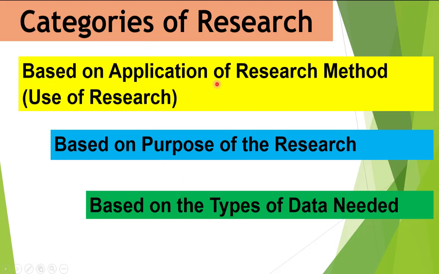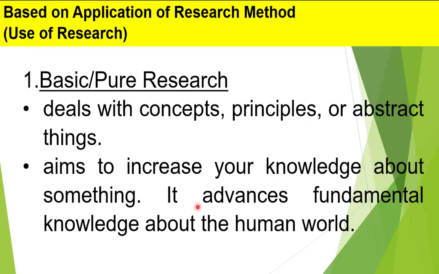It could be based on the application of the research method or the use of research, and the others would categorize the research according to the purpose of the research and based on the types of data needed. So we will discuss what are those research designs that will fall under each kind of grouping of the research.